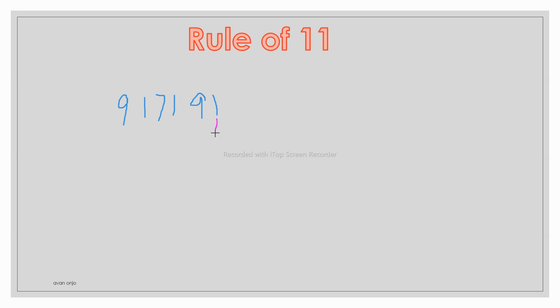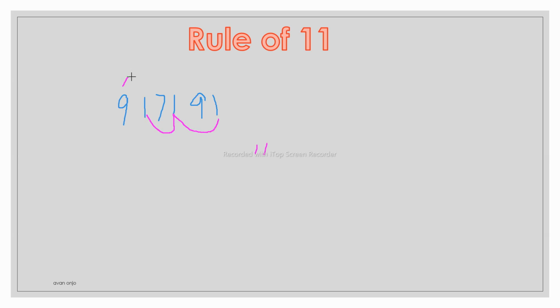So what was the trick? You have to add the alternate numbers first. So it is going to be 9 plus 1 plus 1, which is 11.